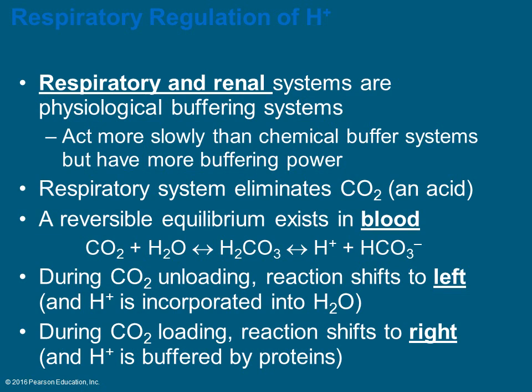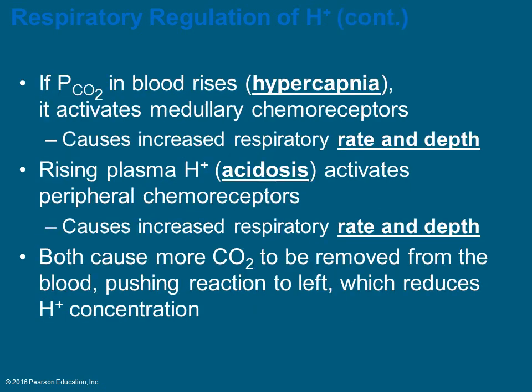And there's a reaction in the blood, as you know, where the carbon dioxide is carried initially as carbonic acid, then carried as bicarbonate, and then is released as CO2. So this reaction shifts from left to right depending on whether you are adding the carbon dioxide or releasing it.